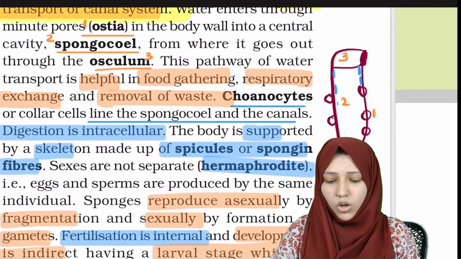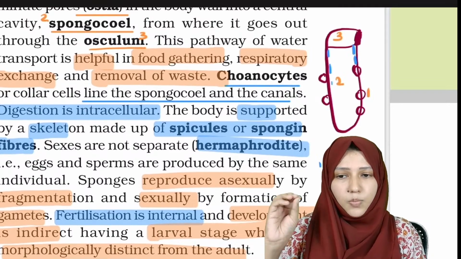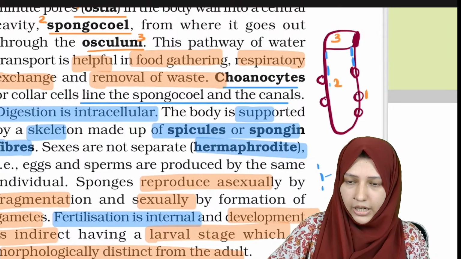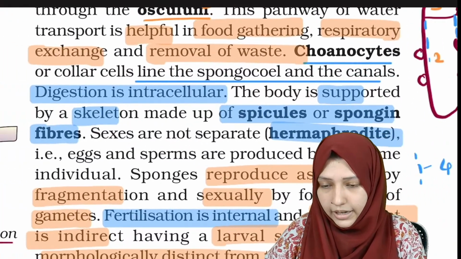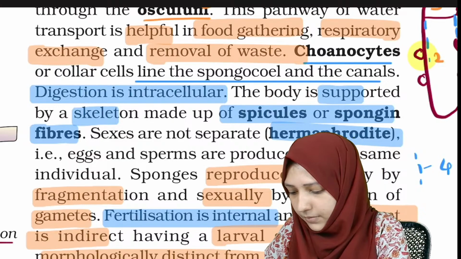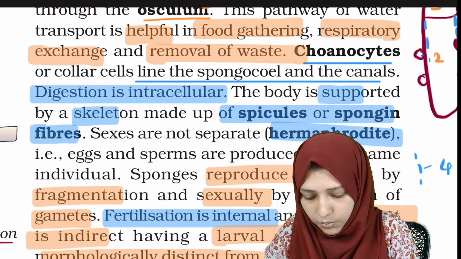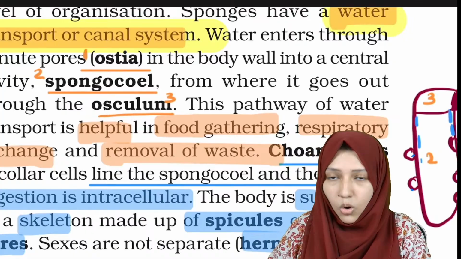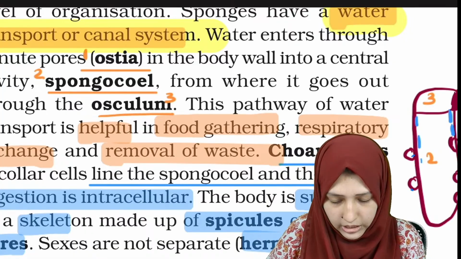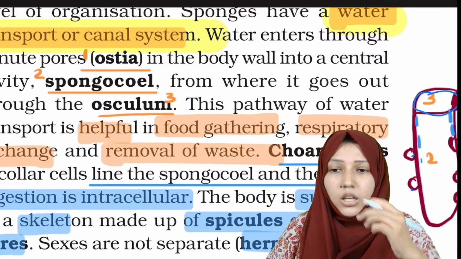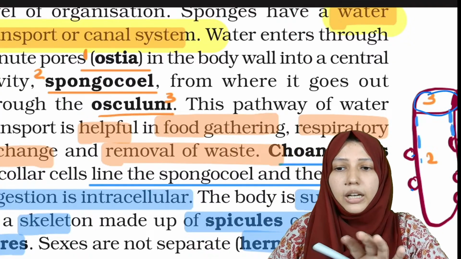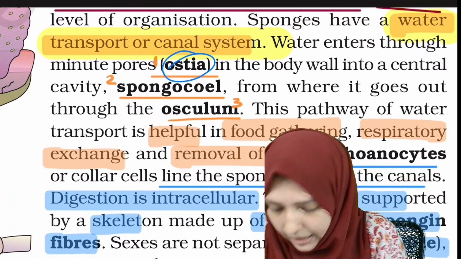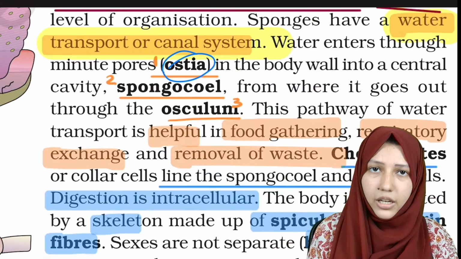The small circles I have drawn are small cavities through which water enters the organism, known as ostia. The hollow cavity of the organism is known as spongocoel, and the opening through which the water goes out is the osculum. Clear? There are 3 things you have to note. Ostia are small pores through which the water enters the organism.